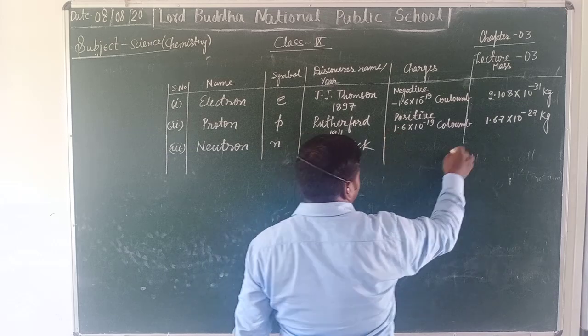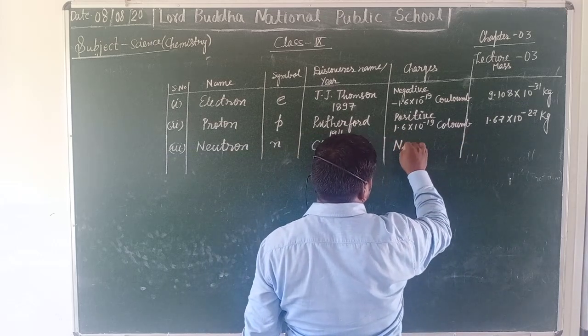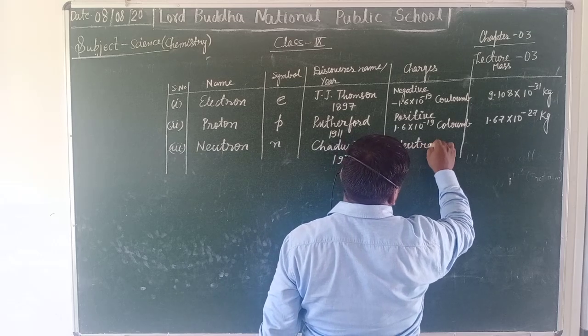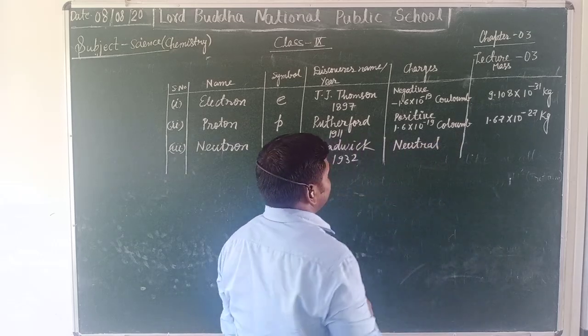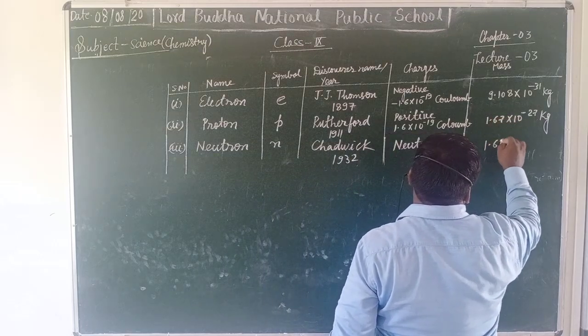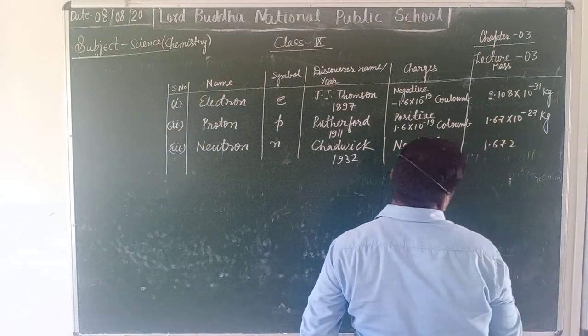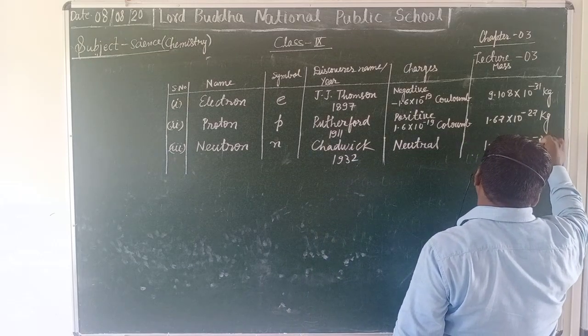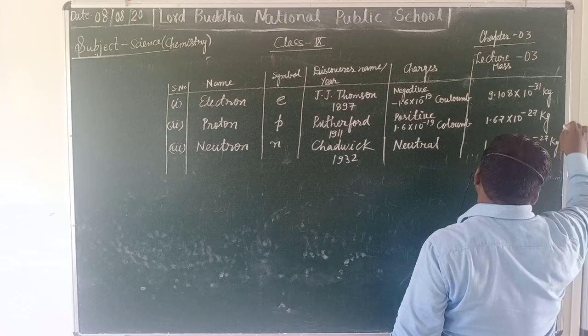It is a neutral particle, has no charge. Neutron has no charge over it. So this is a neutral particle, but it has mass equivalent to the proton, 1.67 into 10 to power minus 27 kg.